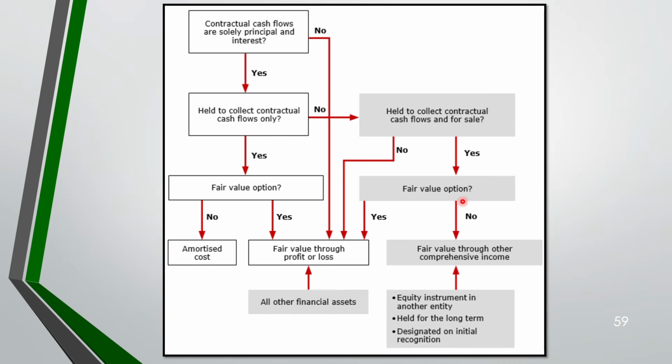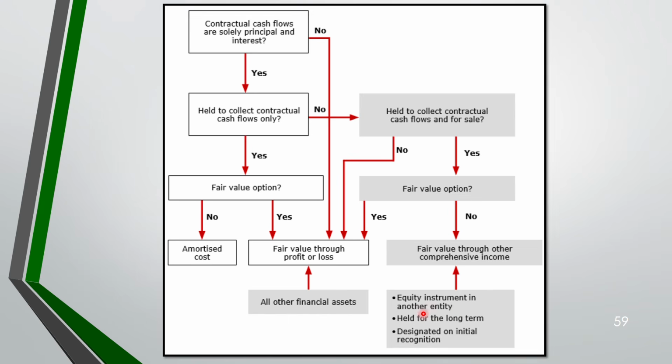Because sometimes even if it is through OCI, you can make an election for it to be treated through profit and loss. That's why, if its fair value option is no, it is through OCI. This route is normal. But this way, even if the fair value option is there, yes, profit and loss. But if it's no, why OCI?